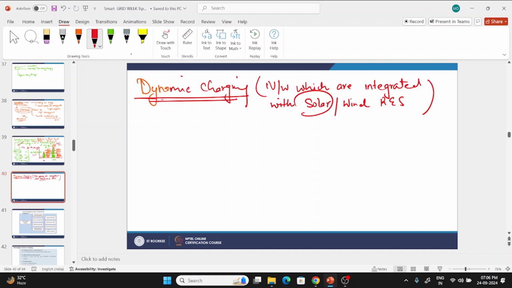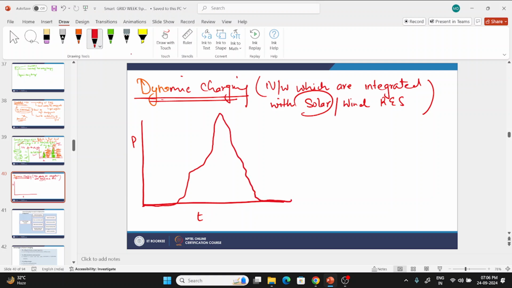I'm drawing the solar output, P output, of a solar power plant. This is a general output of any solar power plant.